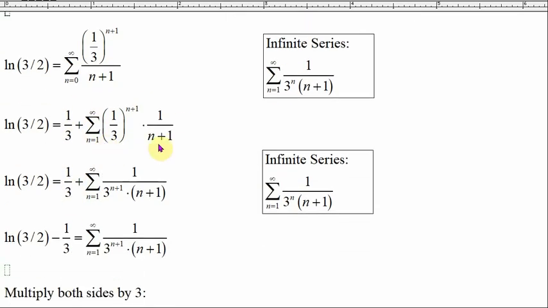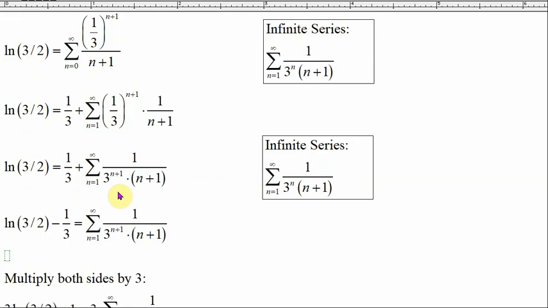This summation is the same thing as 1 over 3 to the n plus 1 times n plus 1. If we compare this series with the infinite series we're looking for, they're very similar. The only difference is that instead of n, here we have n plus 1.